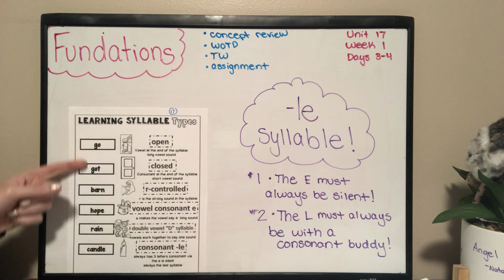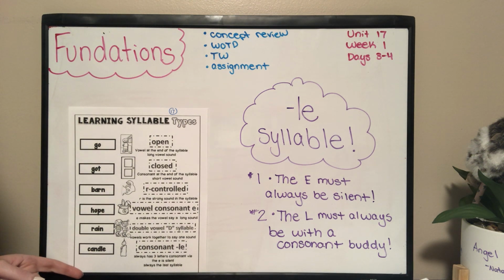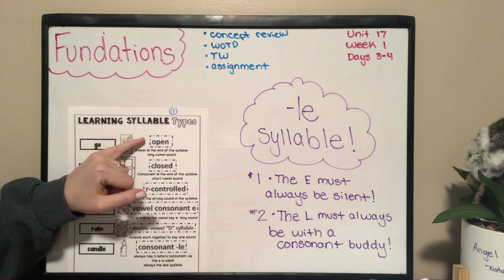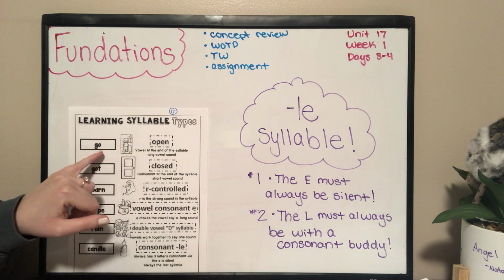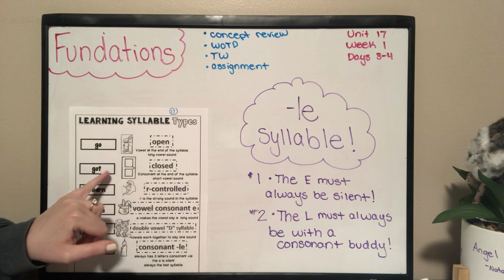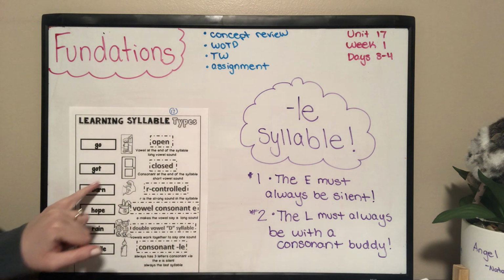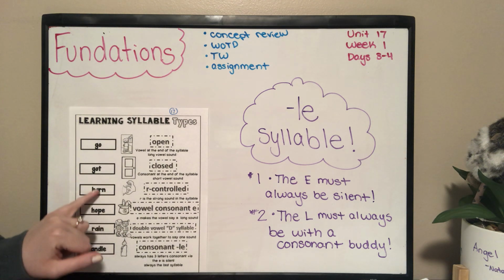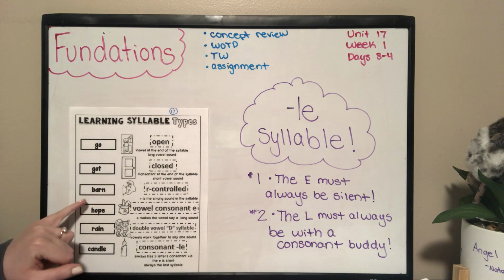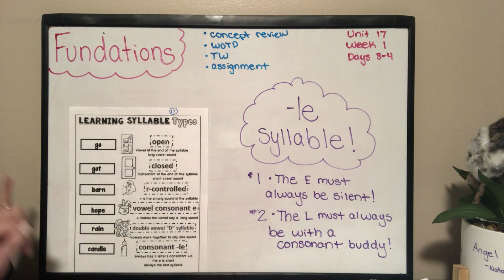I just put up the syllable types sheet over here just for a really quick review. We have an open syllable where there's a vowel at the end. We have a closed syllable where there's a consonant at the end. R controlled where there is an R controlled vowel somewhere in the syllable, can be at the front, beginning, or the end.